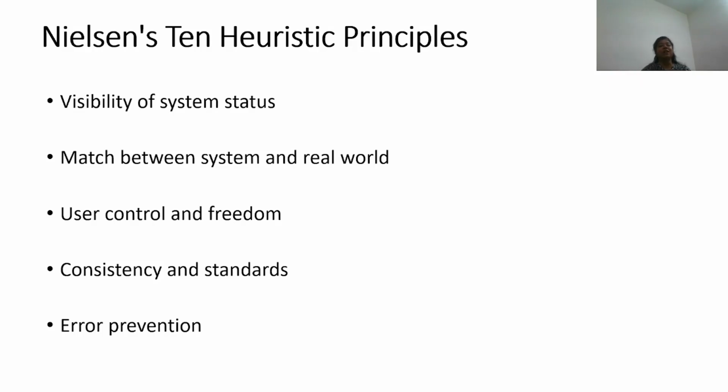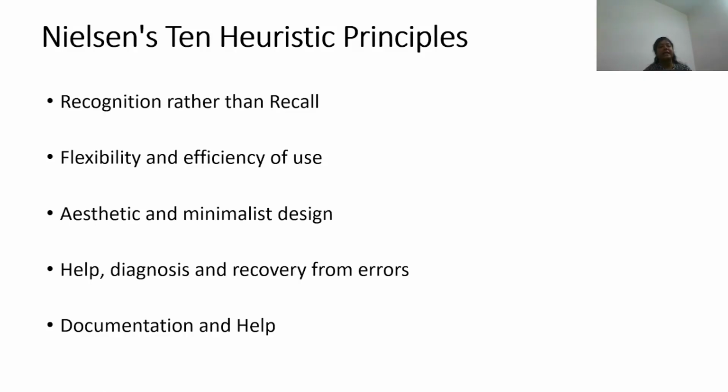It starts with the visibility of system status. Next is the match between the system and the real world. After that, next is user control and freedom, consistency and standards, error prevention, recognition rather than recall, flexibility and efficiency of use, aesthetic and minimalist design, help users recognize, diagnose and recover from errors, documentation and help.